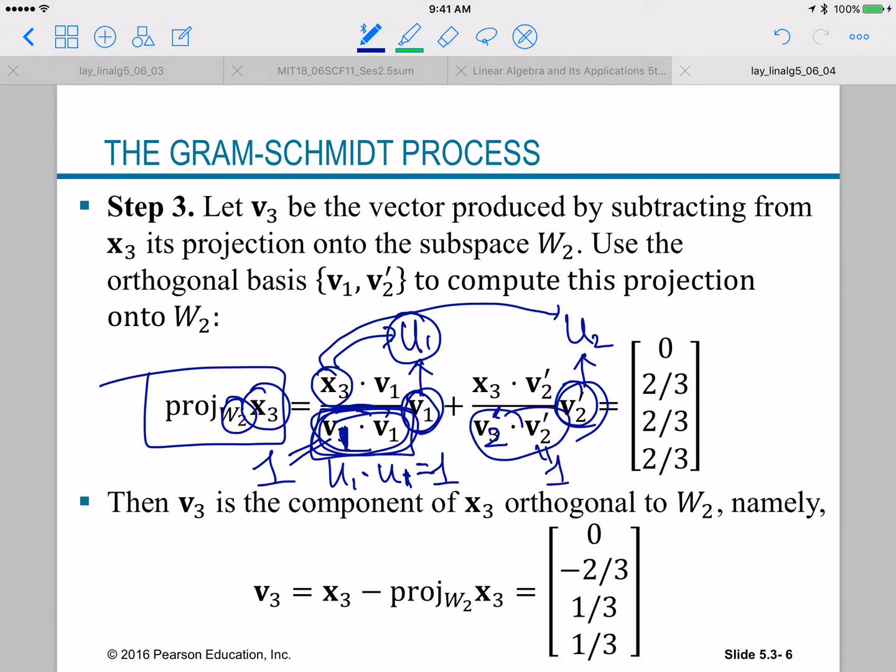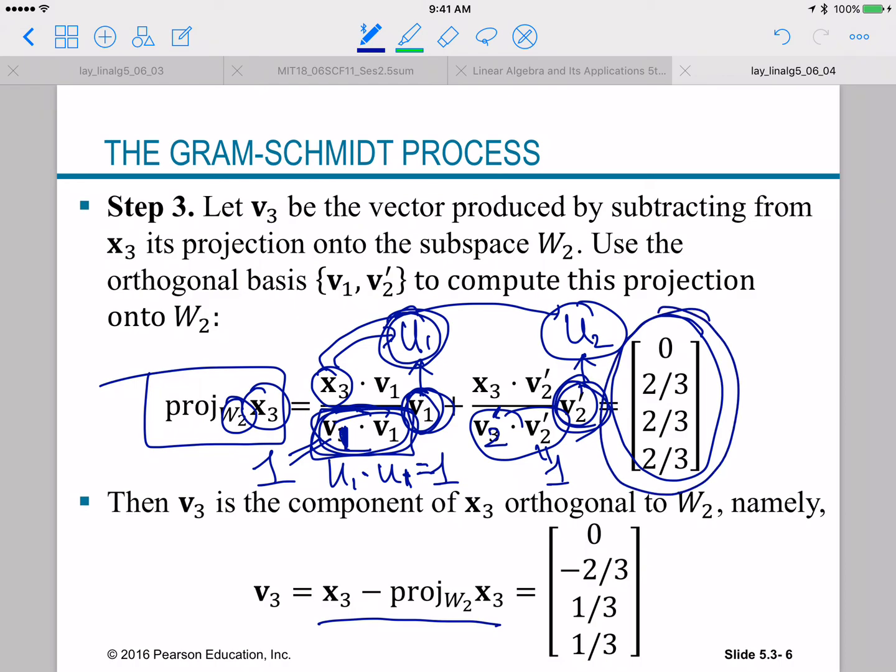Anyway, we obtain this residual vector that is orthogonal to the previous subspace spanned by v1 and v2, or u1 and u2, which are the normalized versions. This is an orthogonal projection, and we subtract it from the original vector x3, and this is the resulting residual vector.